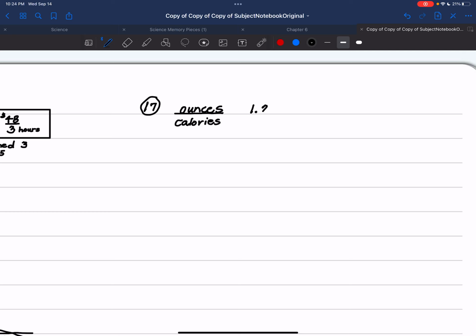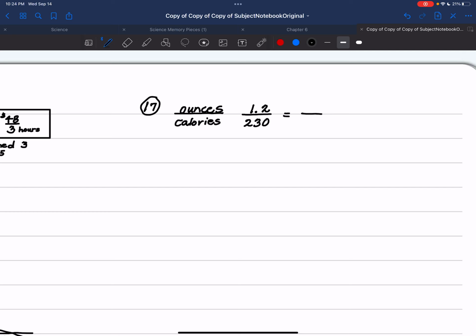And 1.2 ounces contains 230 calories. A 4-ounce bar of almond candy contains about how many more? So at some point I have to subtract. How many more calories than the 1.2 ounce bar?